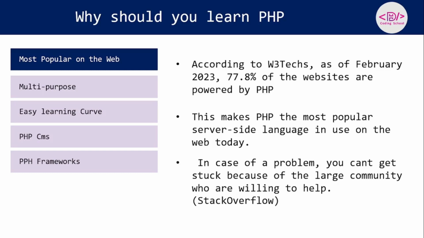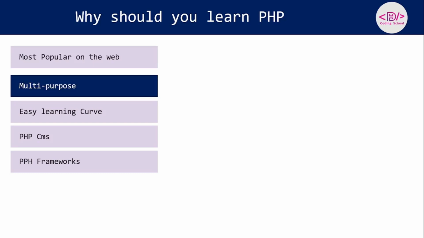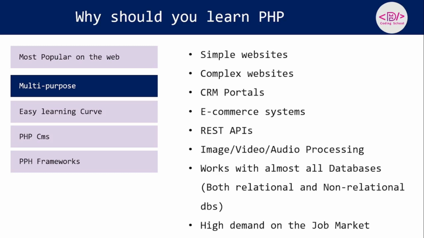Okay. So the second point is PHP is multi-purpose. What do we mean that it is multi-purpose? PHP can be used to build simple websites, such as a landing page. You can use it for dynamic footers, and we're going to look at that in the future.